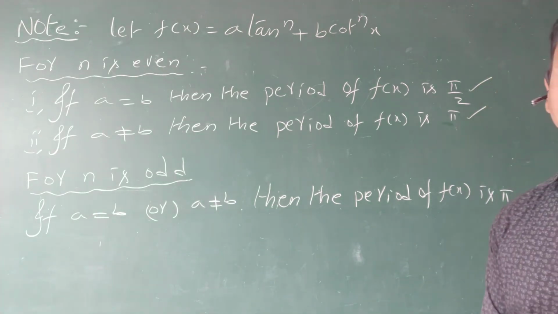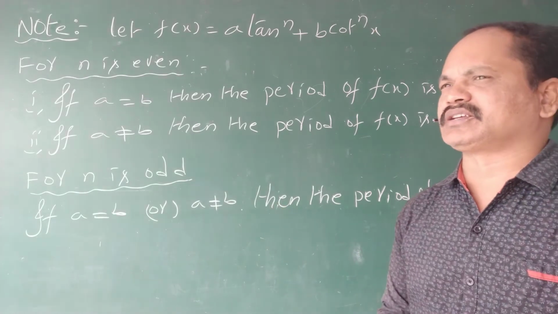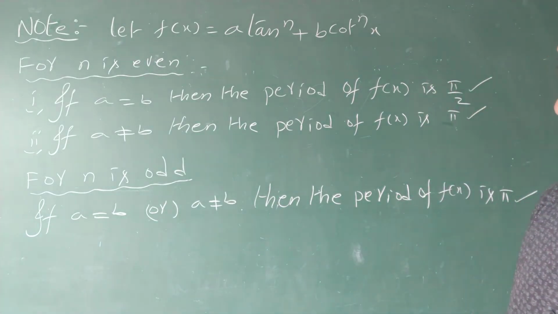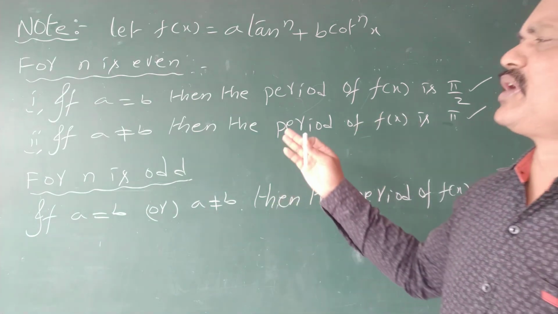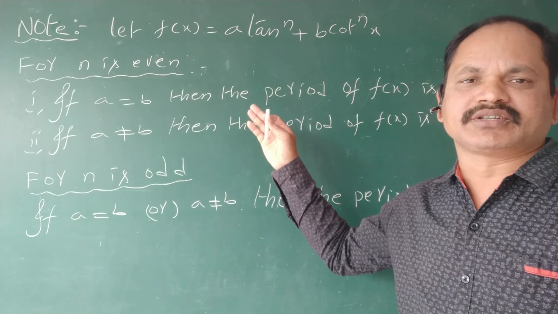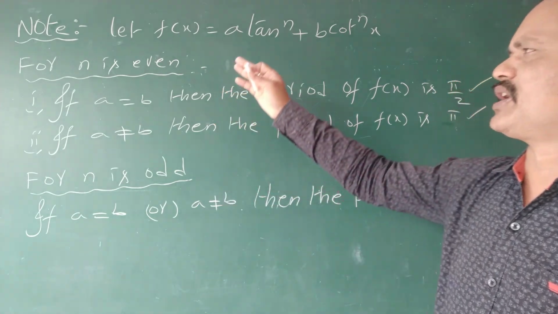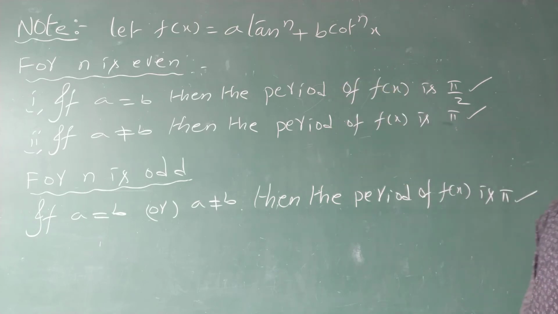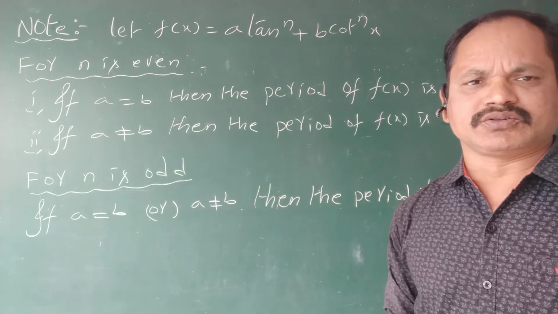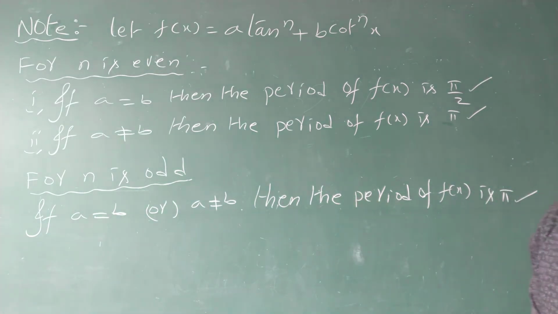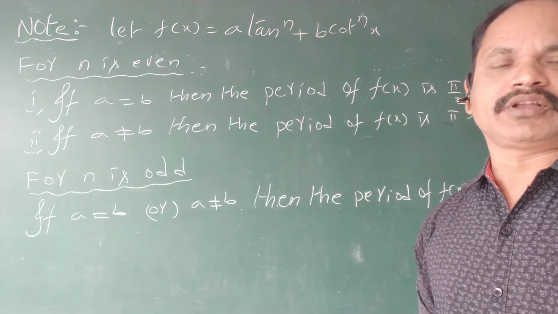This is the period for a tan power nx plus b cot power nx. Now we have to do questions on this concept, where a and b are real numbers and n is a positive integer, a natural number.